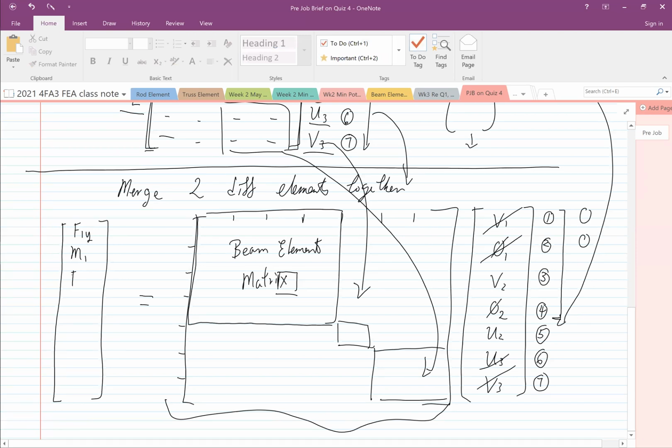F2 for the beam elements only has Y, okay? And then it has moment 2. And then U2, which is a F2, I think it has an X now because it's a truss element. It has an X. And then U3 is a F3X, F3Y.